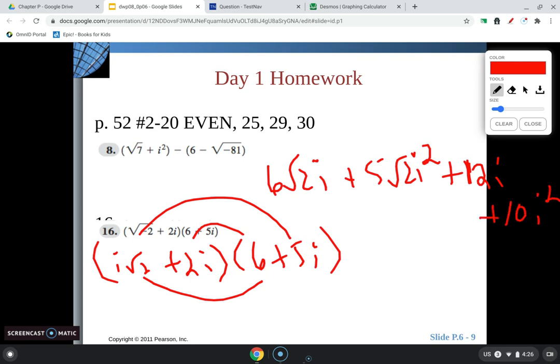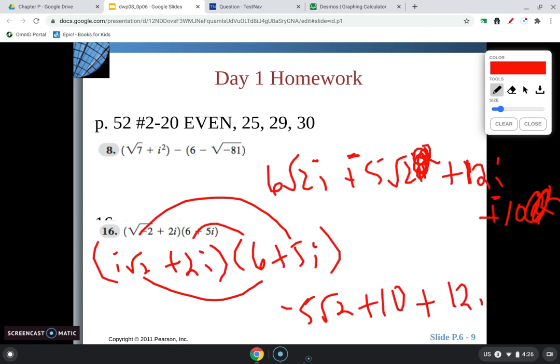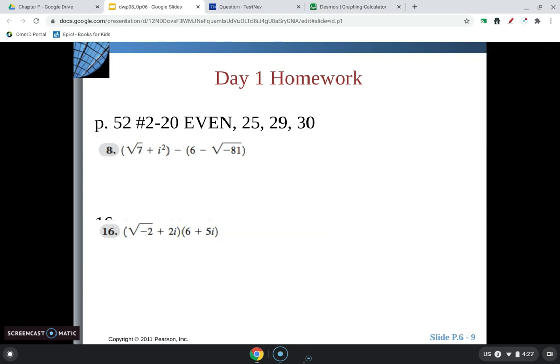So that becomes, i squared makes that negative, and this i squared makes that negative. And so we have negative 5 root 2 plus 10 plus 12i plus 6 root 2i, and you can leave the roots and all that stuff separate. This is your real term. This is your imaginary term. All right. So a couple of the homework problems for you.